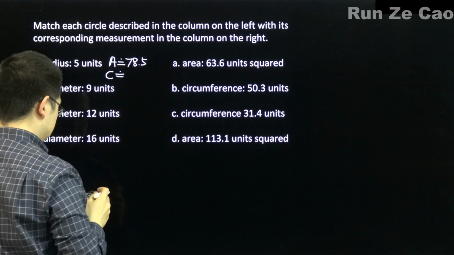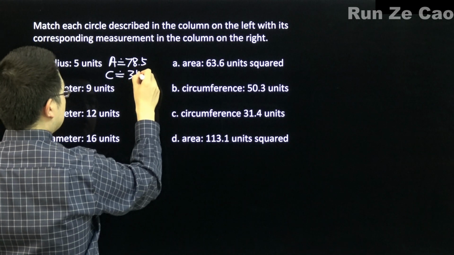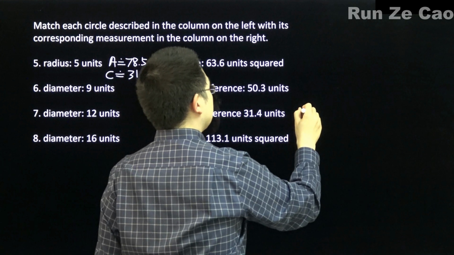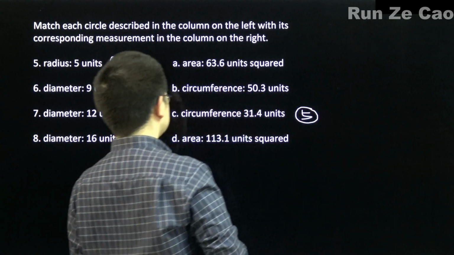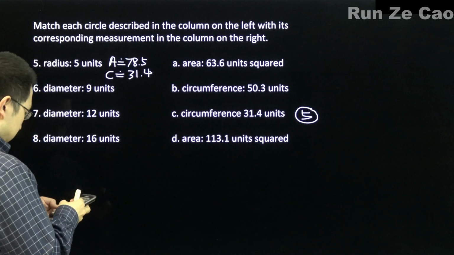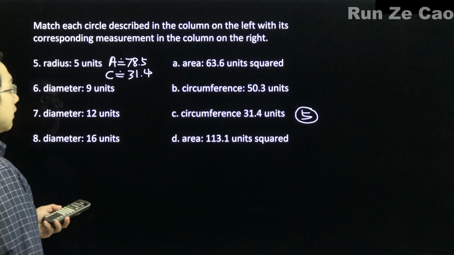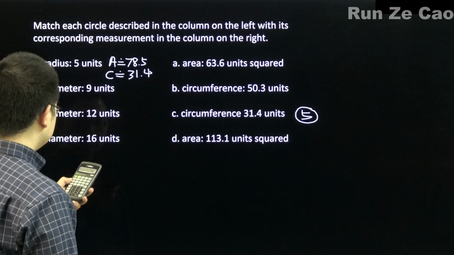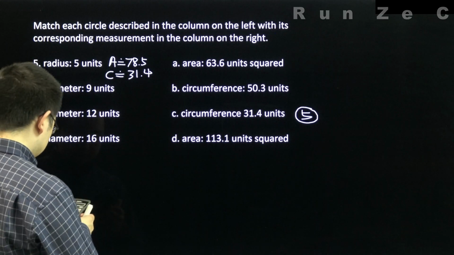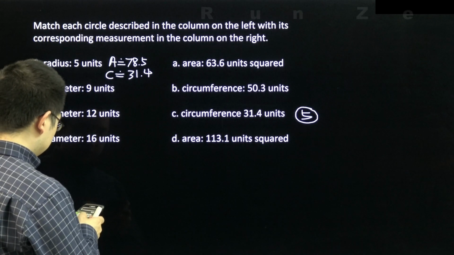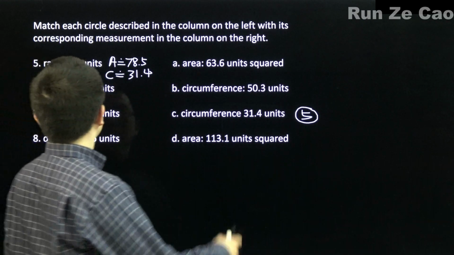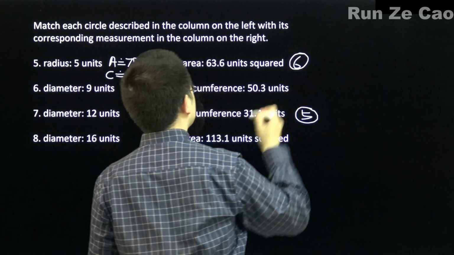Circumference is about 31.4. Okay, so number 5 is C. Diameter 9 units. Well, 9 times pi gives us 28.274 and so on. Yeah, no, we're not looking for the circumference. That means 4.5 squared times pi, 63.6. Yeah, this is number 6.